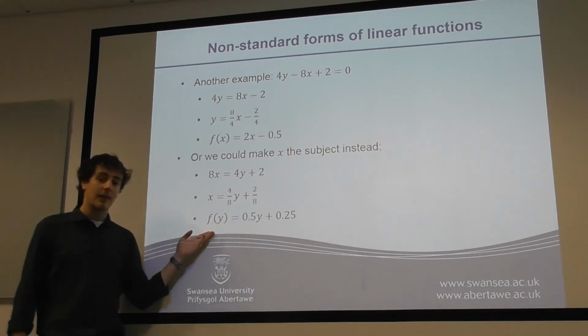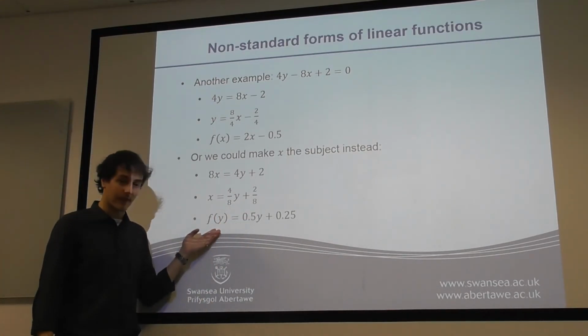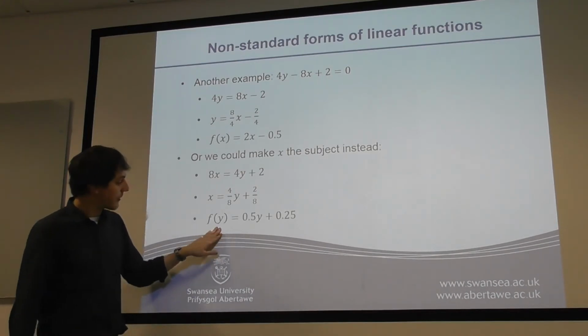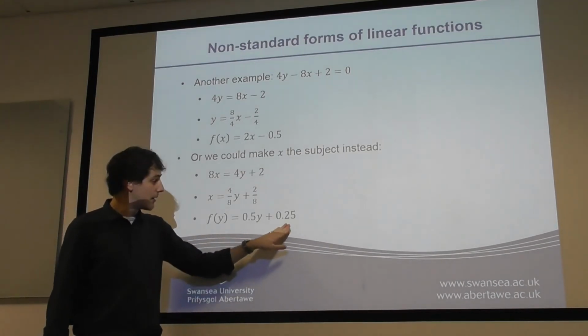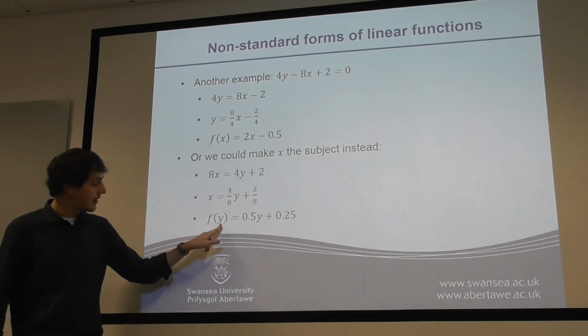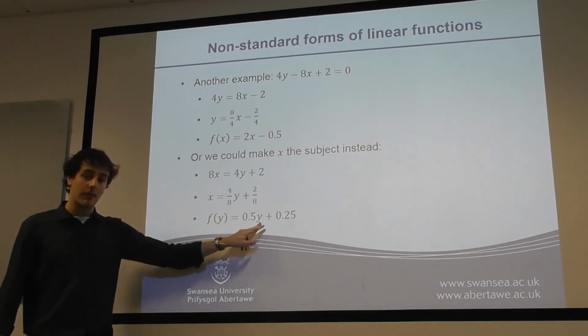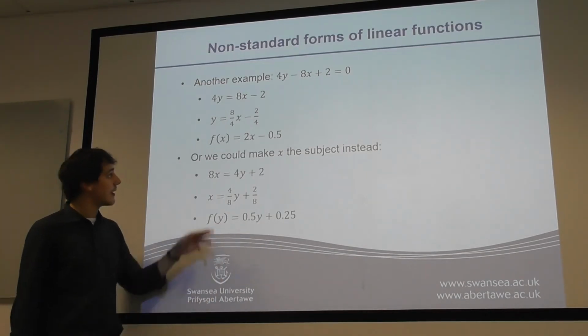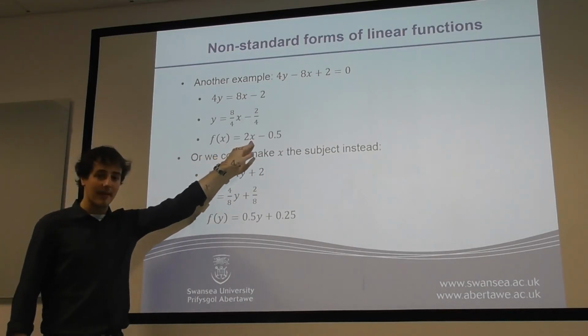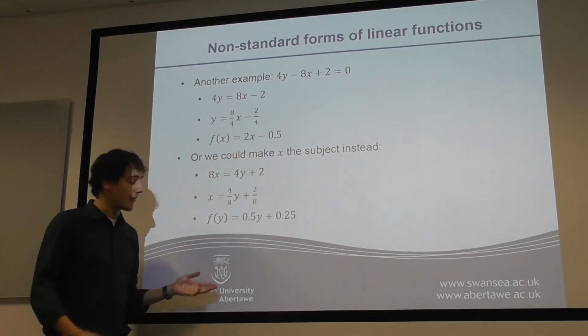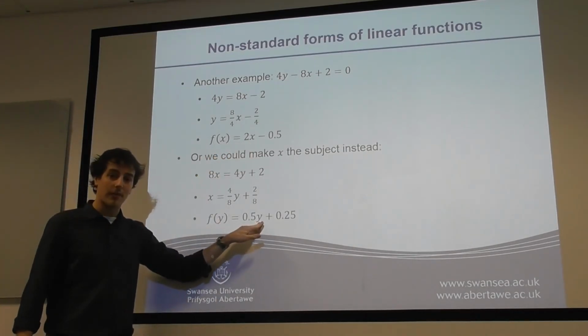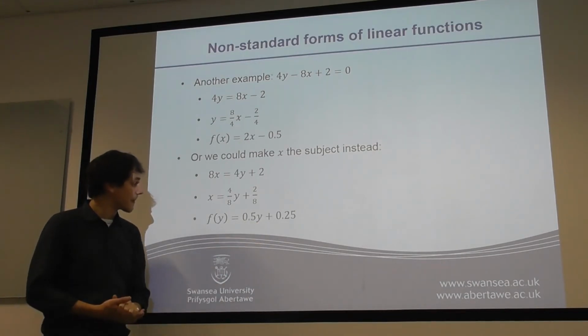That gives us a function of y, rather than a function of x: f of y equals 0.5y plus 0.25. Now you'll see it's a function of y, and we've got y here. As we saw earlier, when it's a function of x, we've got x here. So when it's a function of a different variable, that's the variable that you find in there.